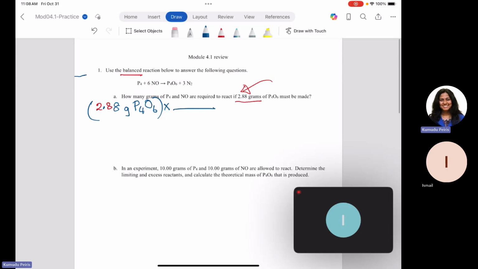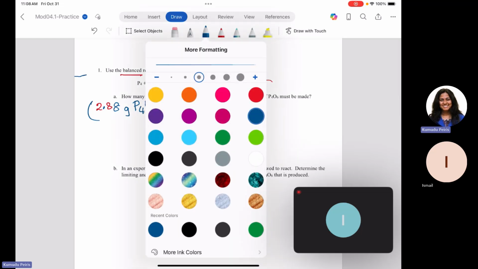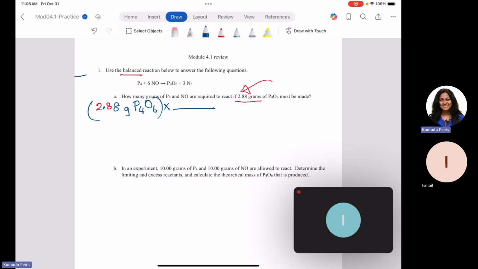So in that case, I can say that one mole of P4O6 weighs 219.88 grams of P4O6. Right. Okay. Next, we'll use the stoichiometric ratio.